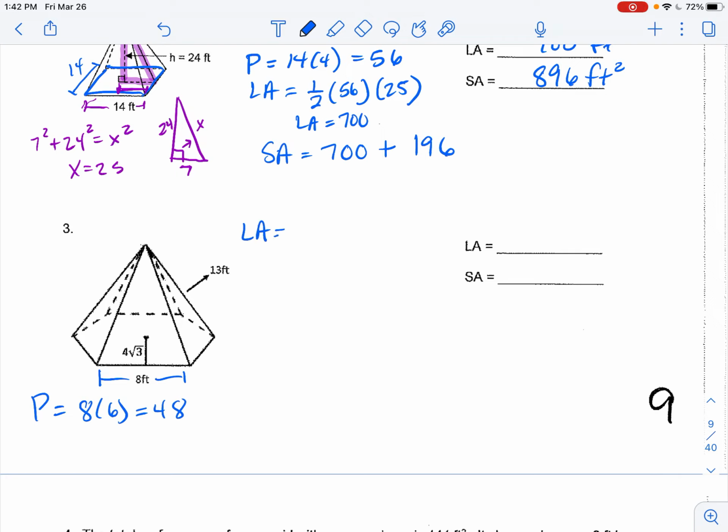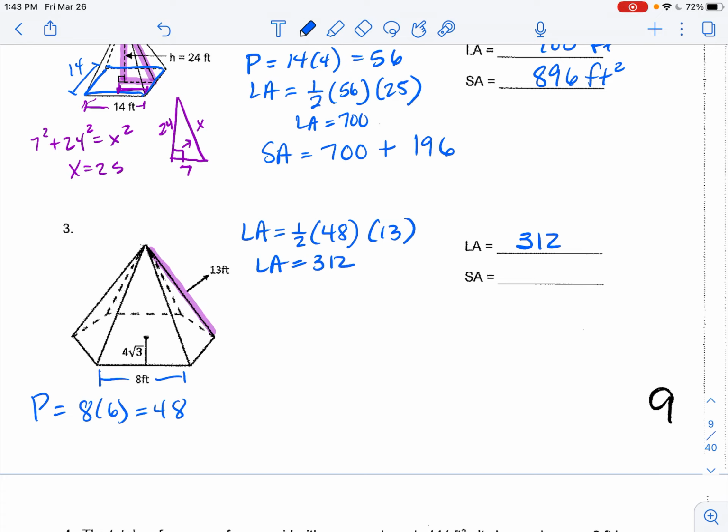My lateral area is going to be 1/2 the perimeter of the base times the slant height. In this case, I am given the slant height, and that's going to be 13. If we calculate this in my calculator, I'm getting 312. So my lateral area is 312.